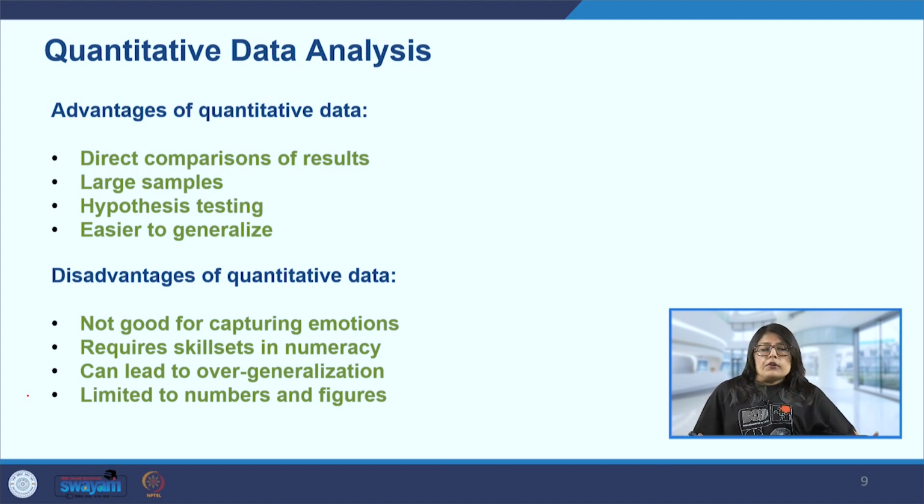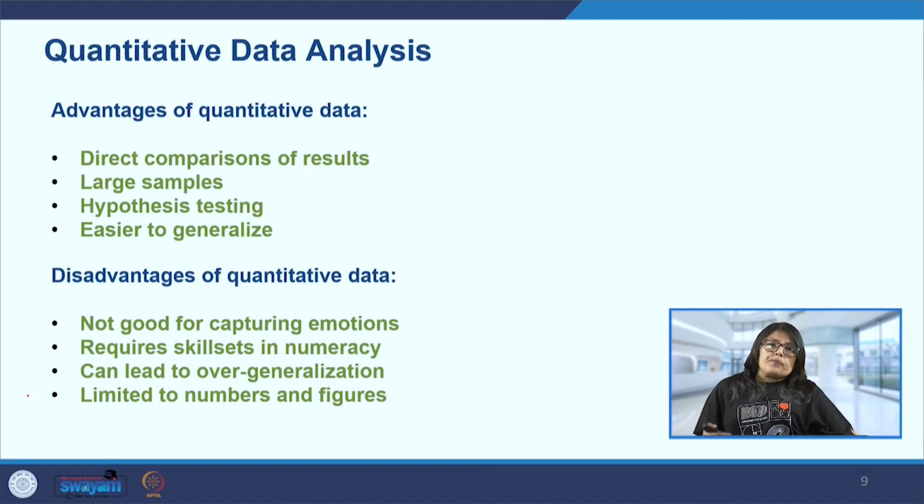and it may show a generalization although it may not exist. Or even if the generalization is there, sometimes we have to overlook it and see what exactly people desire, because there may be certain pain points that the quantitative data is not able to capture quite as well as the qualitative would do.